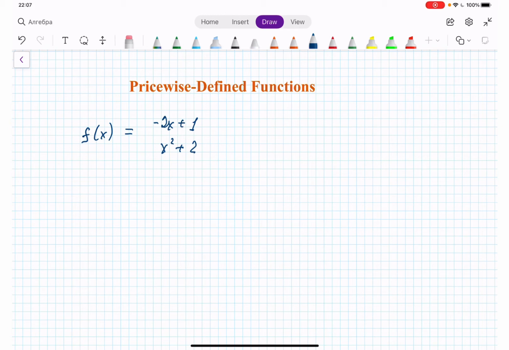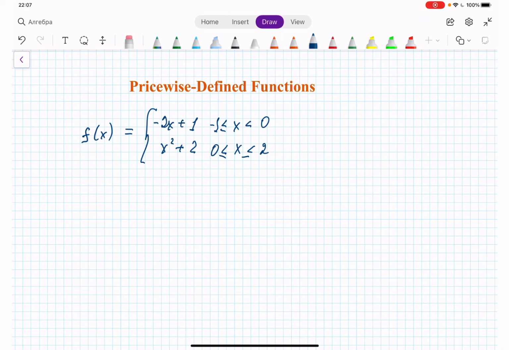These functions are defined in the area x greater than or equal to negative 1 and less than 0, and x squared plus 2 is defined in the area of x greater than or equal to 0 and less than or equal to 2. We need to evaluate the following piecewise defined function for the given values of x and graph this function.